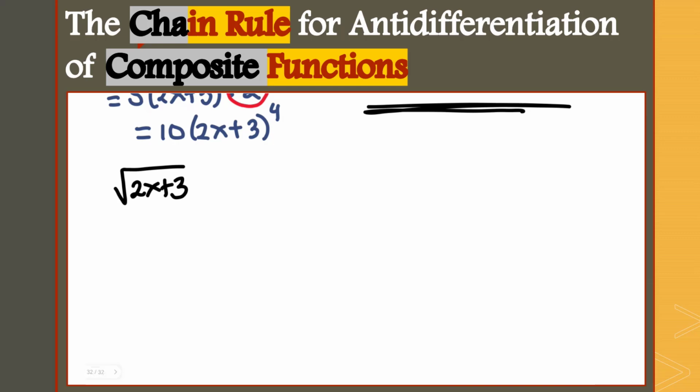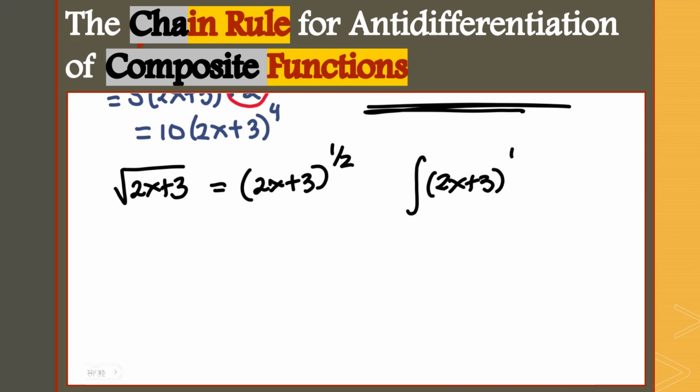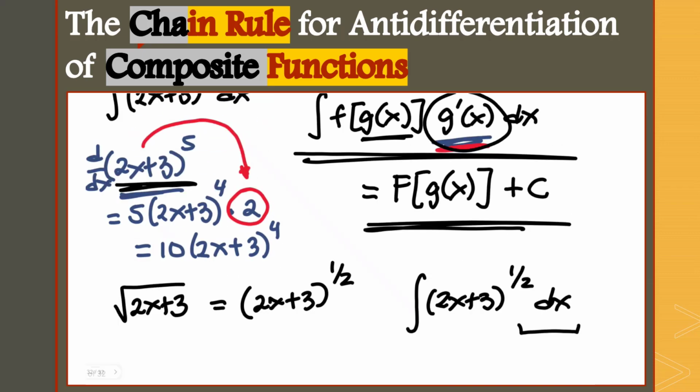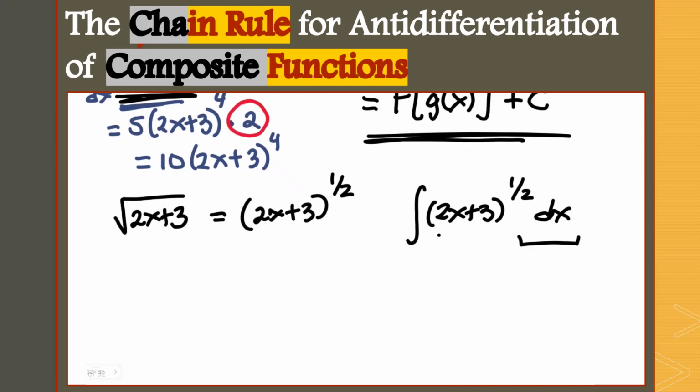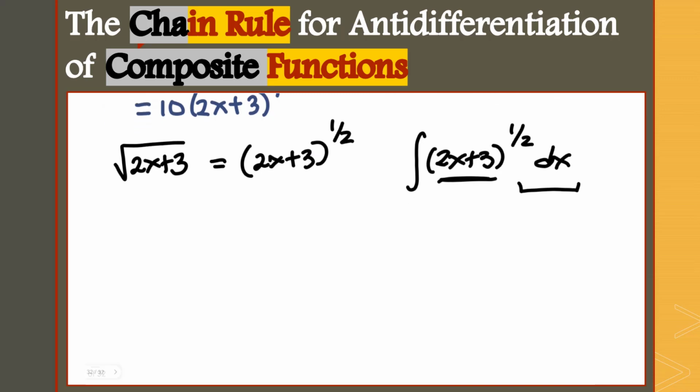Therefore this can be written as 2x plus 3 to the power of 1/2. So if we're going to have the integral of 2x plus 3 to the power of 1/2 dx, you cannot automatically solve for that because you need to introduce here the g prime of x, which is the derivative of this innermost function. Now, aside from that, of course, we also have other forms.